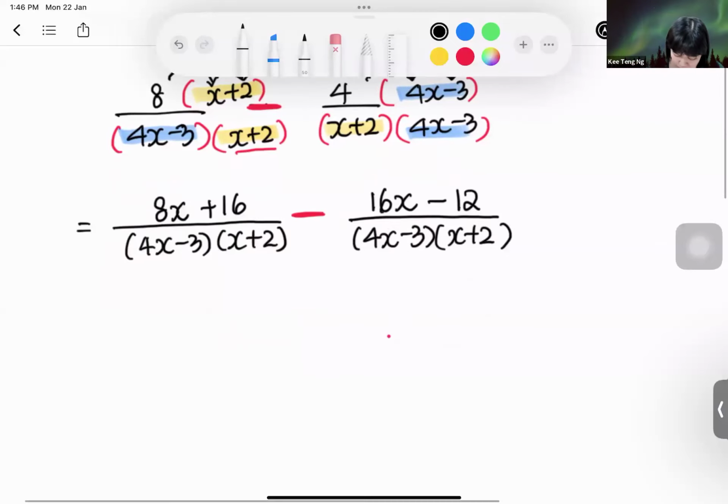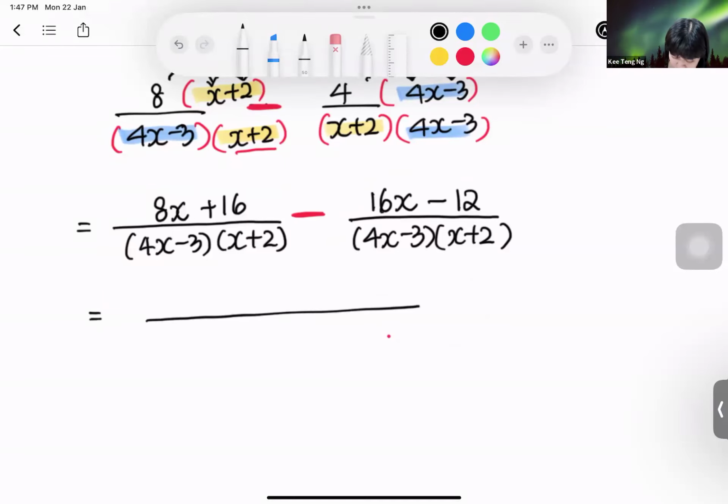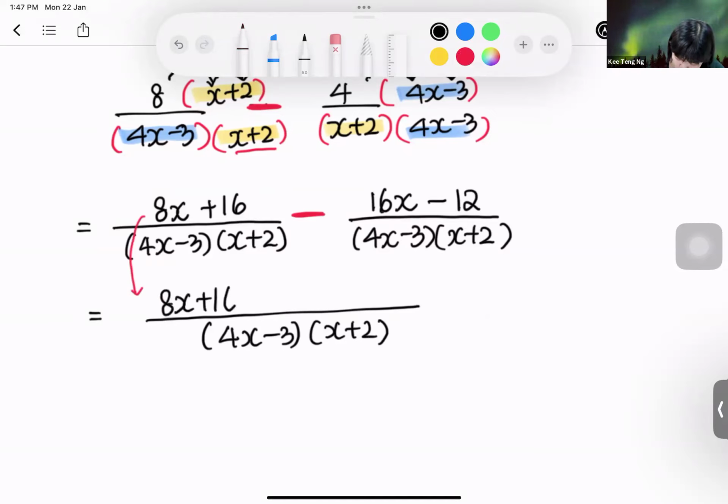Next step, I'm going to combine this into one single fraction with the denominator. Both of them have the same denominator, so I'm going to write it only once, not repeat it two times. Then now I need to write down my numerator over here. This is 8x plus 16.